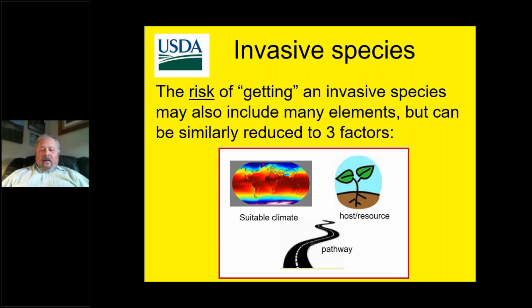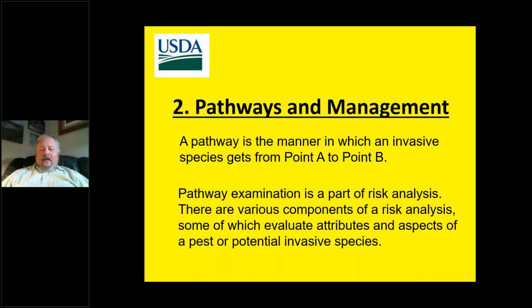So here, again, similarly, suitable climate, some sort of a host or other resource, and then very importantly, a pathway. So next we'll look a little bit at pathways and management. A pathway is simply the manner in which an invasive species gets from point A to point B.